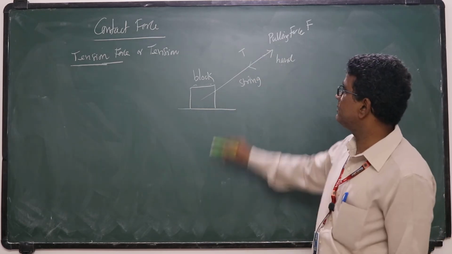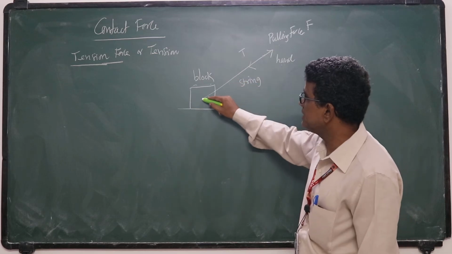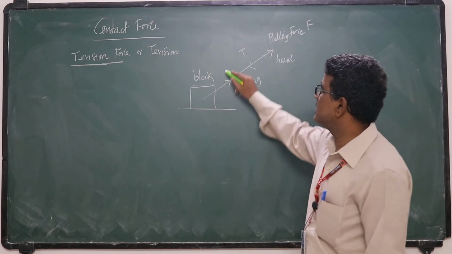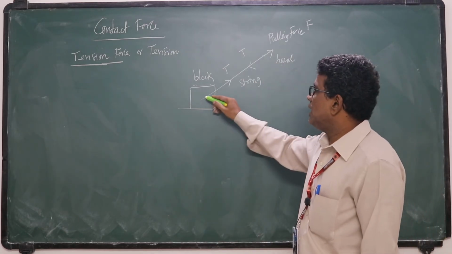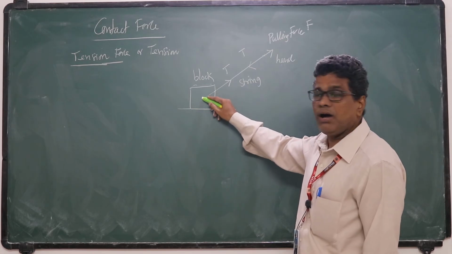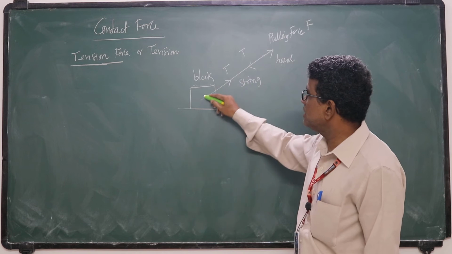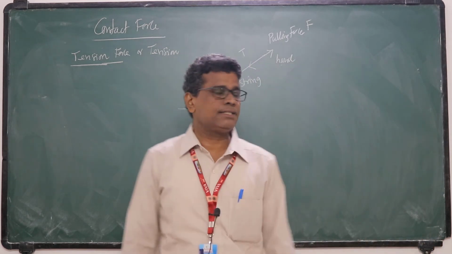The string becomes tight. That is tension in the string. Now this string in turn pulls the block in this direction. That is the tension in the string. And this block in turn pulls this string. So that is an action-reaction pair.